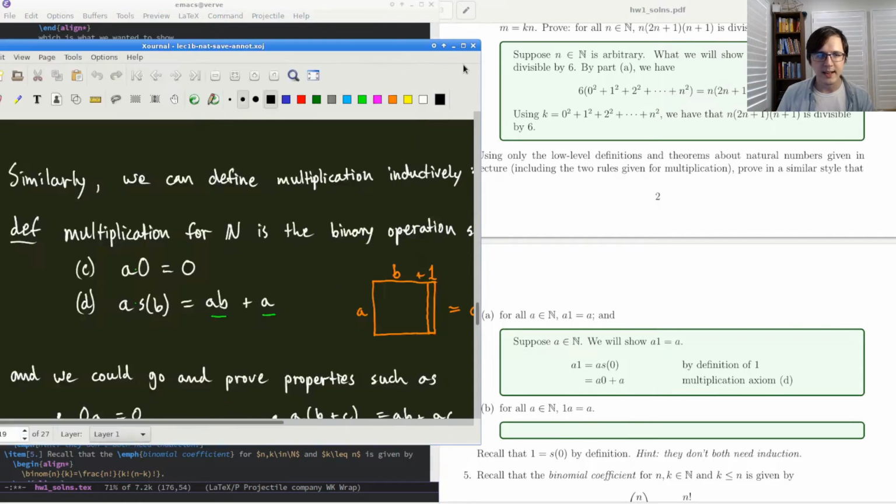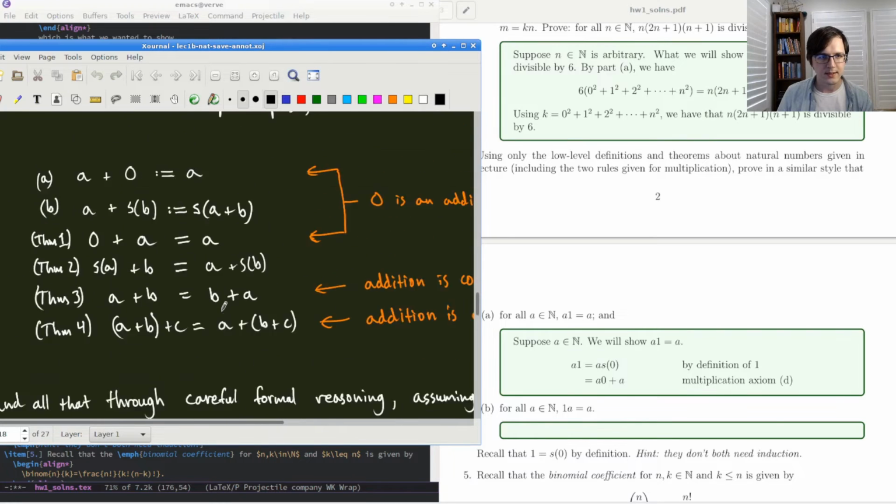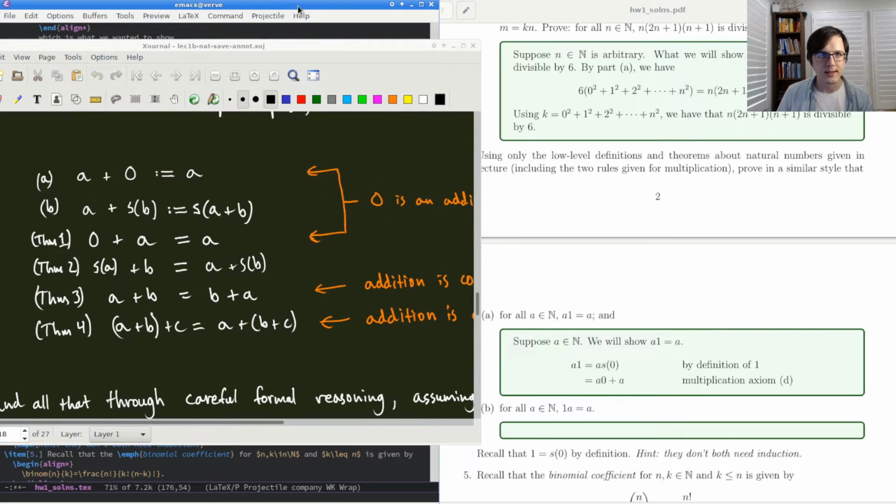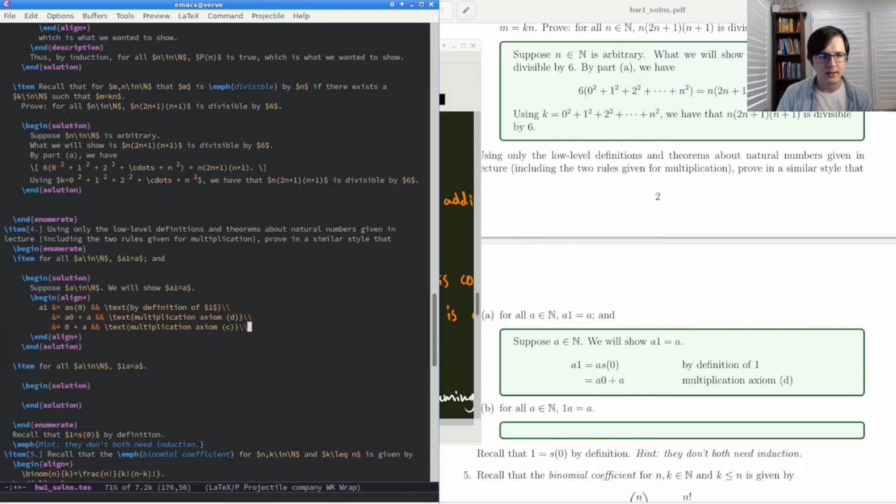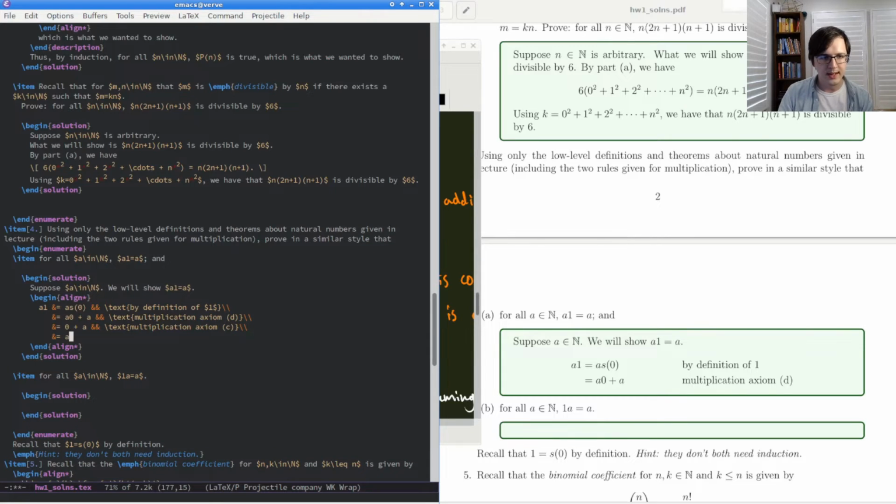Then 0 plus a, that was up here, that's theorem 1. That gives us a. Oh, theorem 1.